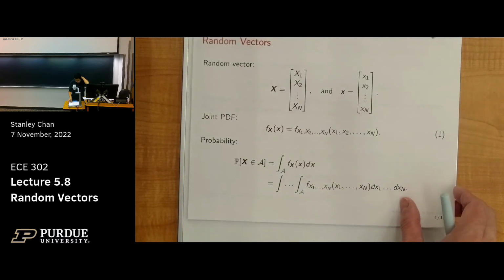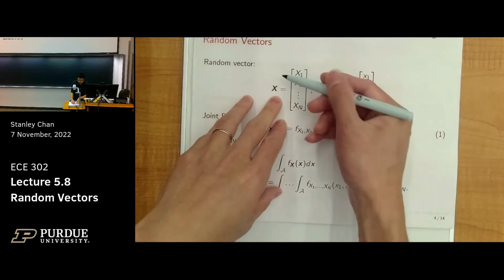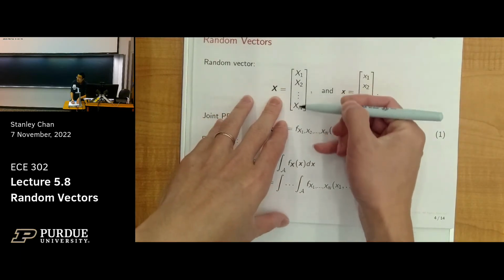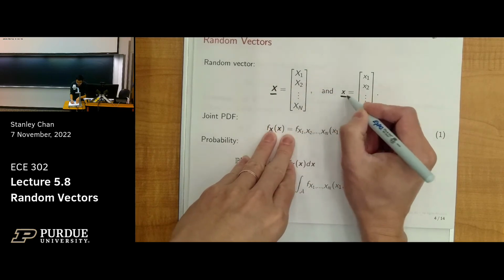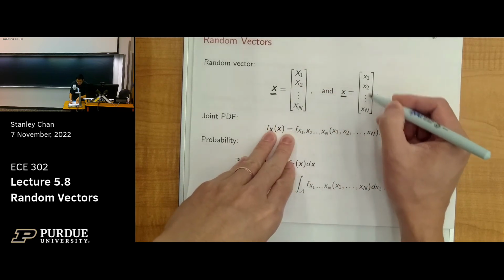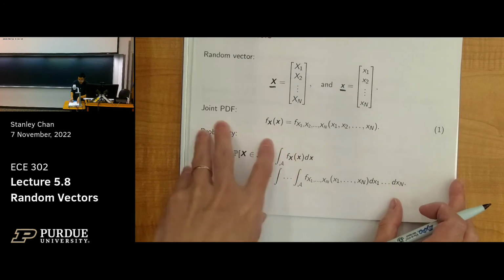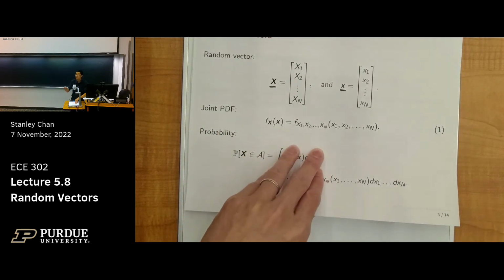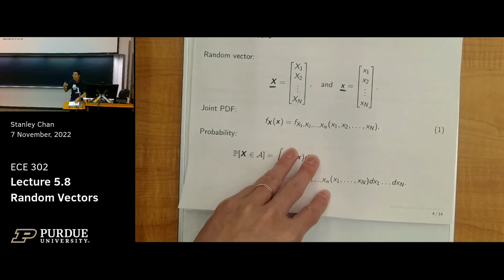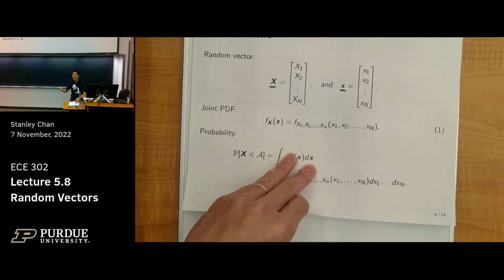So what is a random vector? A random vector is a vector that contains many, many random variables. So here is the vector X. Here is the vector of states, small x. And so the joint PDF will be given by this high-dimensional function. Now, don't worry, I'm not going to ask you to integrate anything, because if you mess up in integrating two random variables, how can I trust you to integrate n random variables?